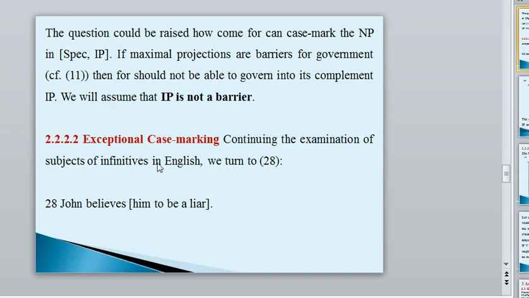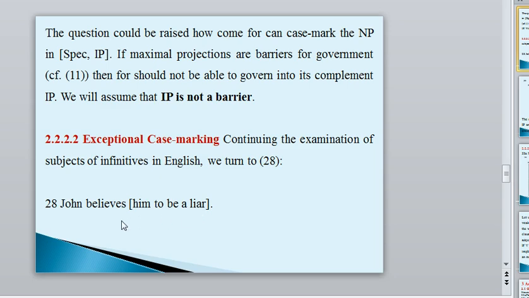Okay, there is a kind of exceptionality in the case marking. We call it exceptional case marking, or ECM. Exceptional case marking continues the examination of subjects of infinitives in English. For example, look at this example: John believes him to be a liar.